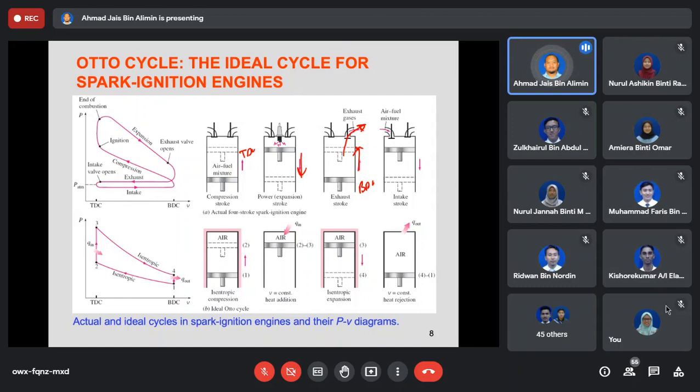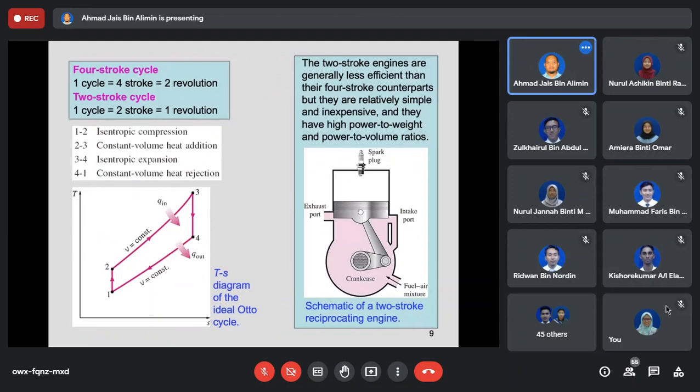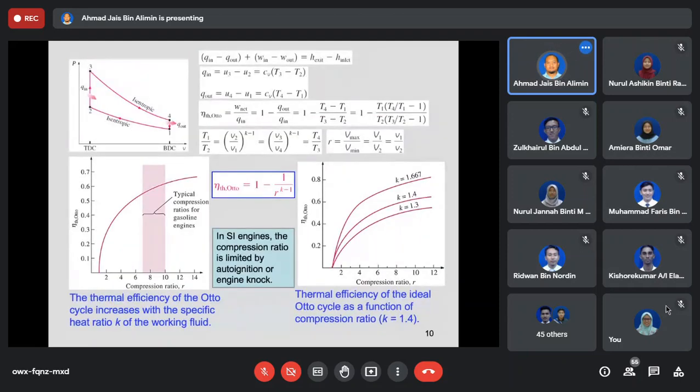And then once it reaches the TDC, it needs to go down again and start to encourage the air to enter again. So these are the four stroke representations. And we saw just now the equation in the notes by Associate Professor Dr. Nur Shikin.